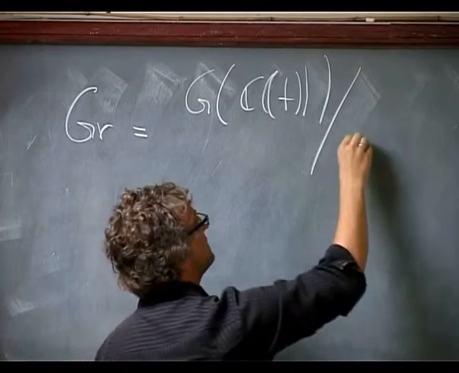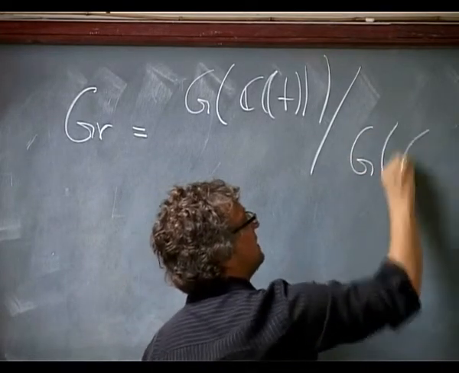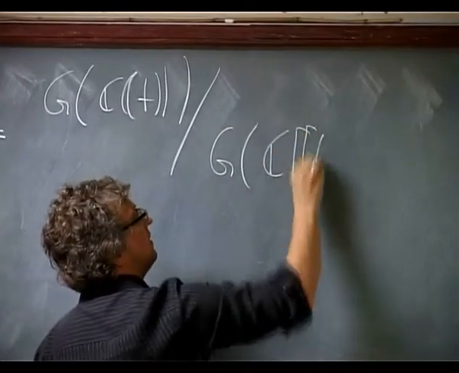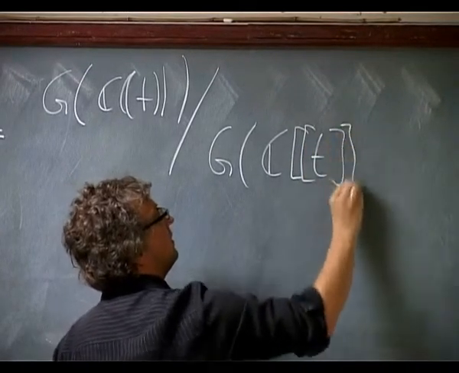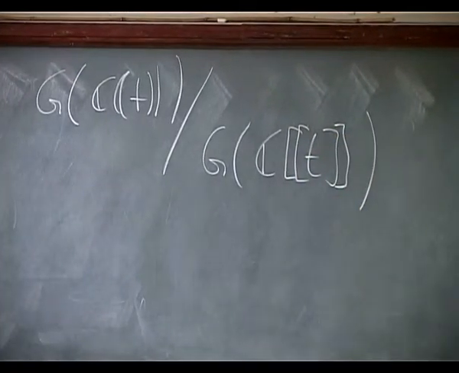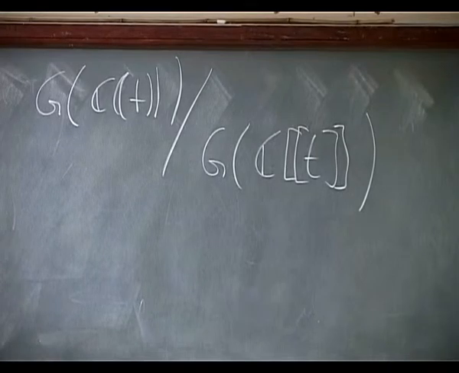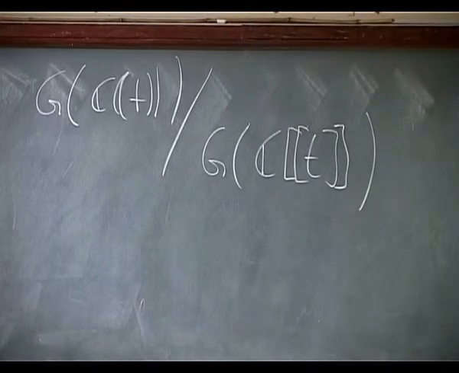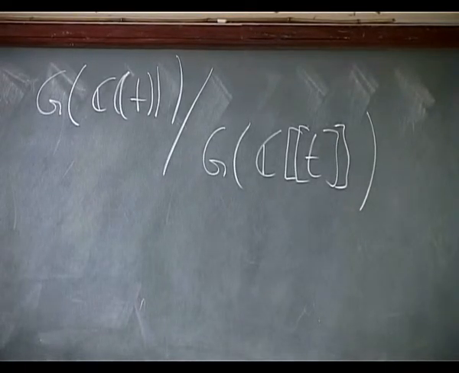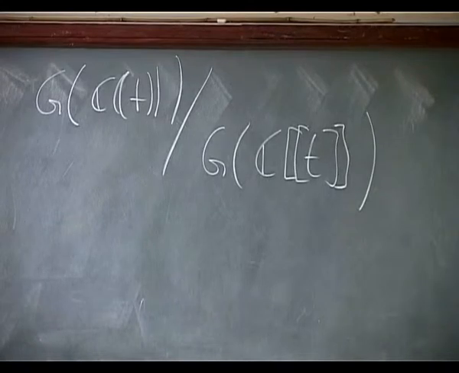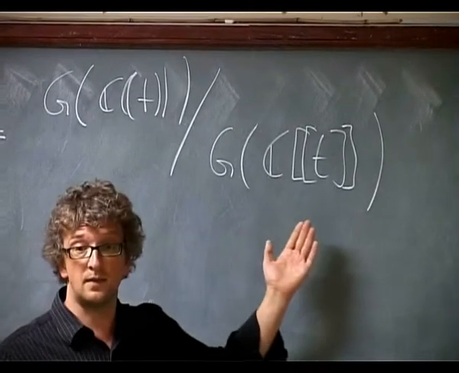Let's say the entries in G are in a ring of Laurent polynomials, and this is the affine Grassmannian, and this is a complex ind-variety.